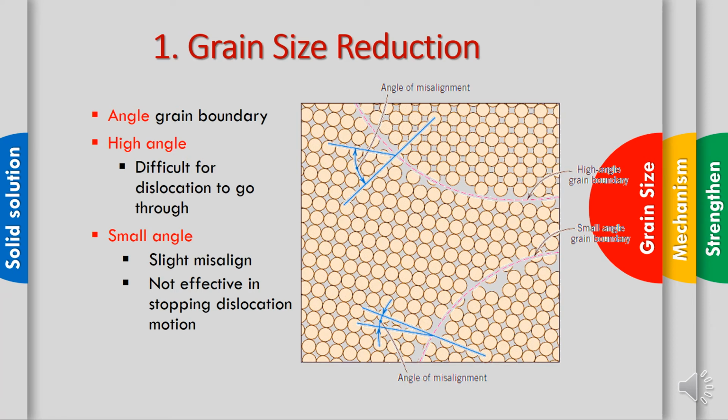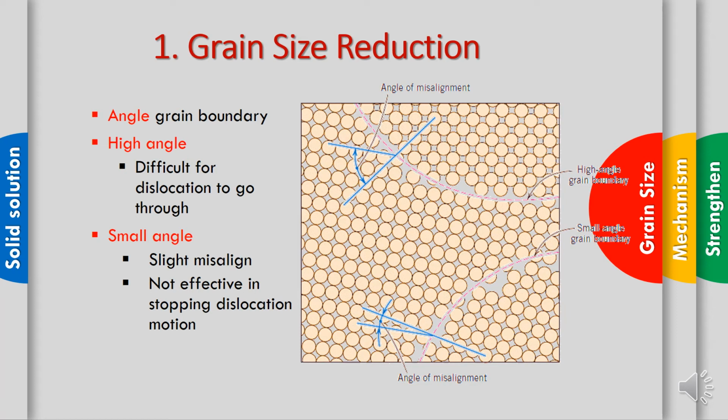Angle grain boundary can be seen in this figure. We have three orientations of grain, and they produce a wide angle of misalignment, which can be seen in this line, and it also produces a very low angle of misalignment, which can be seen in this line.